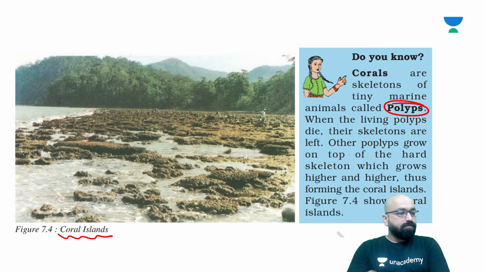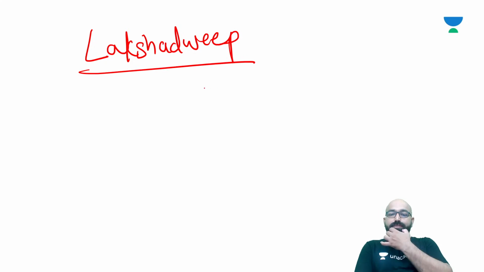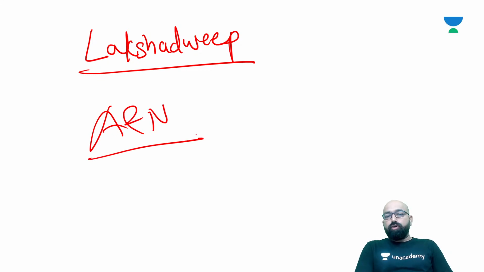So friends, there are two groups of islands which also form part of India, that is Lakshadweep Islands and Andaman and Nicobar Islands.